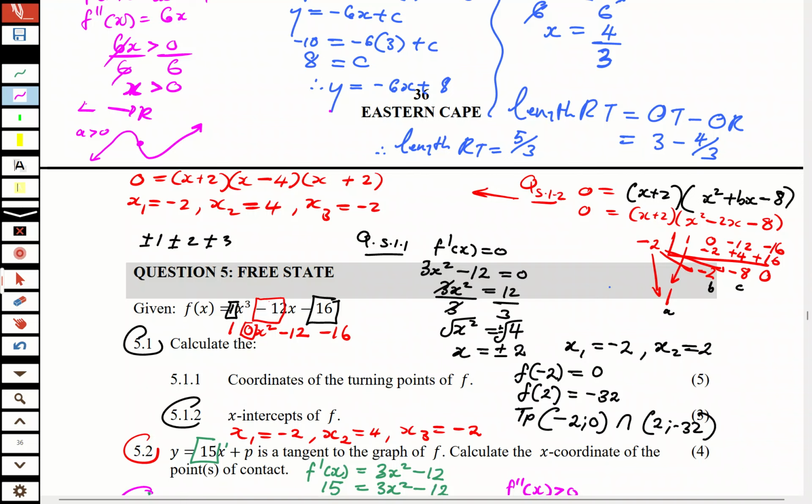Concave up happens here to positive infinity. So this is true that x has to be greater than 0 there. And to positive infinity, your graph will still be concave up. So this is true. And again, you can also say that x is an element not including 0, but from 0 to positive infinity.